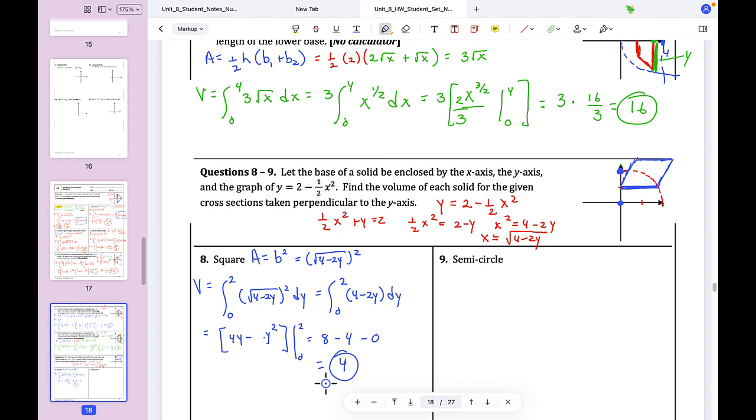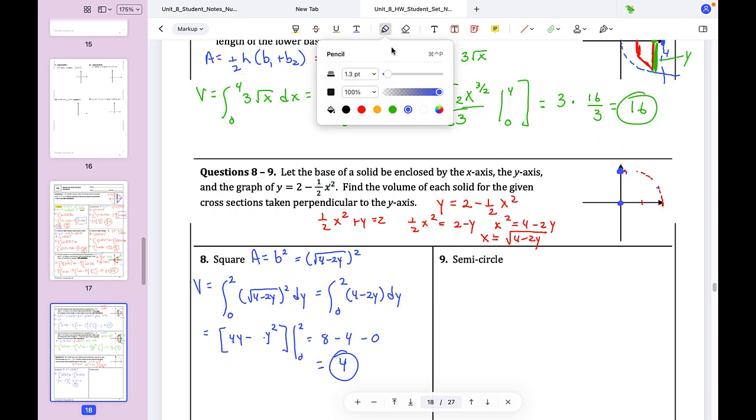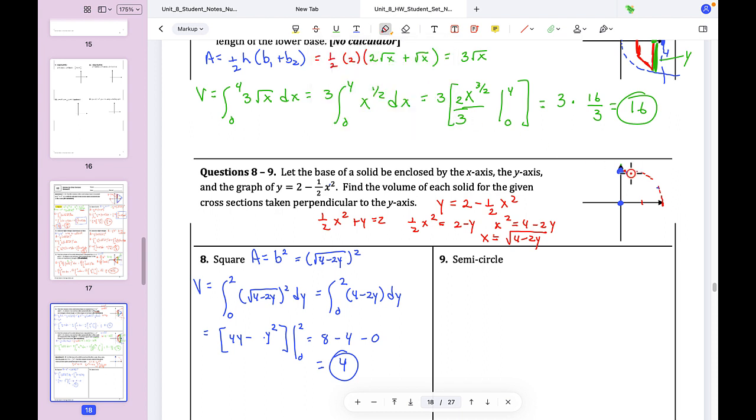All right. Next one, we're going to do the same thing, only this time we're going to use semicircles. Okay, so semicircles, and they are perpendicular with the y-axis.